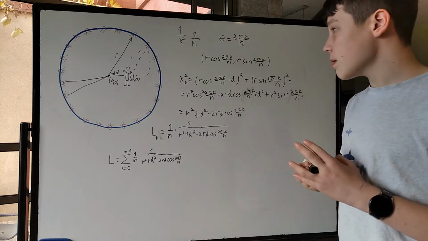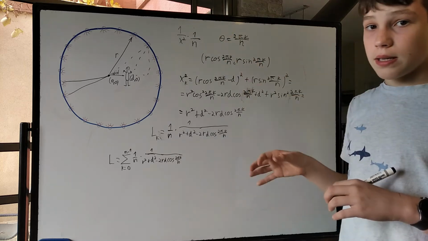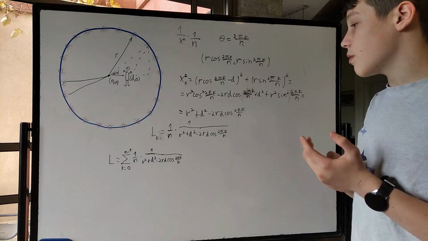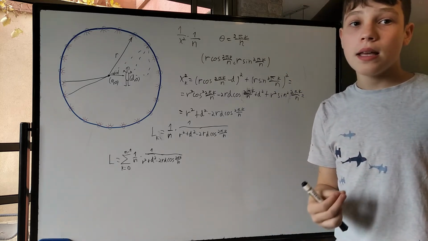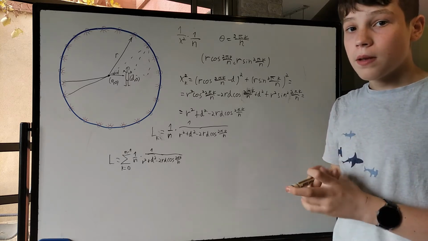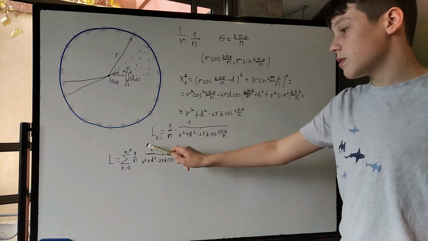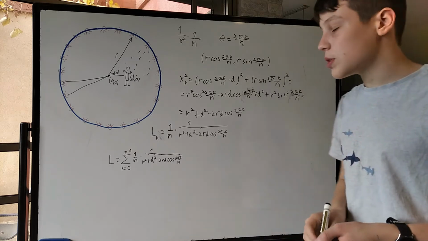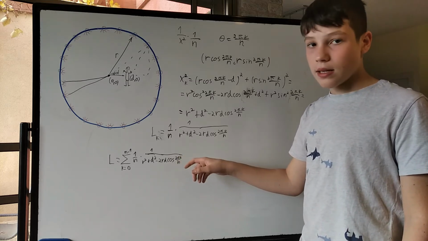But now remember, we want the number of light bulbs to go to infinity. And if the number of light bulbs grows to infinity, what we have here is precisely a Riemann sum that describes an integral. It starts at 0, ends at 1, and here we have our 1 over n times some function of our x_i, which in this case is k over n, and here we have it in our cosine.